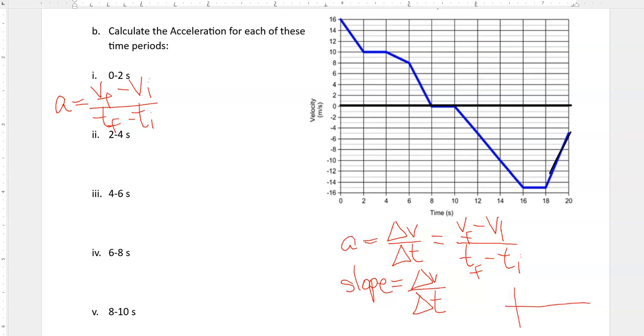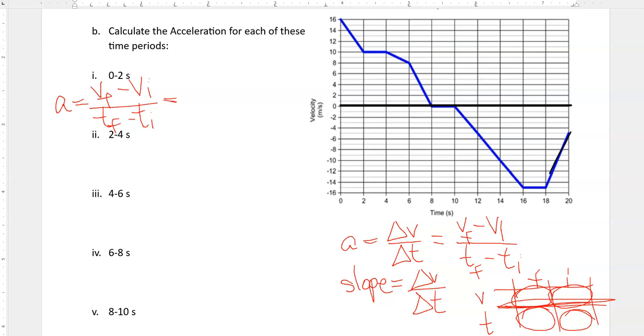Here you have the velocity values, and you have the time values, and then make a table where the left side are your final values and the right side are your initial values. You fill these in, and it'll be this value minus this value divided by this value minus this value.